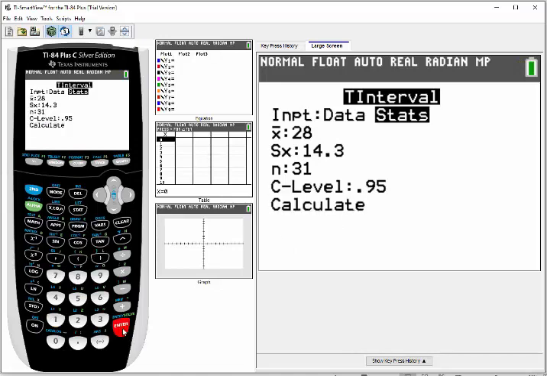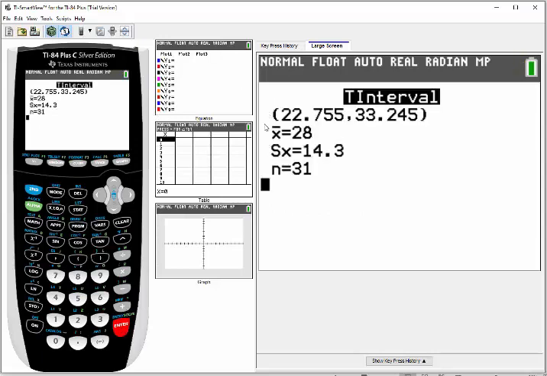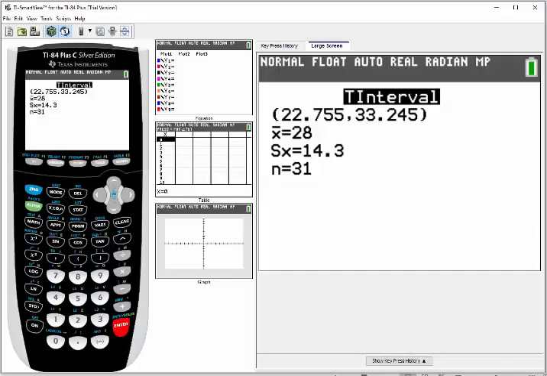I'm going to hit calculate, and I'm going to round this to 2 decimal places. It looks like I'm 95% confident the average commute time is 22.76 minutes to 33.25.